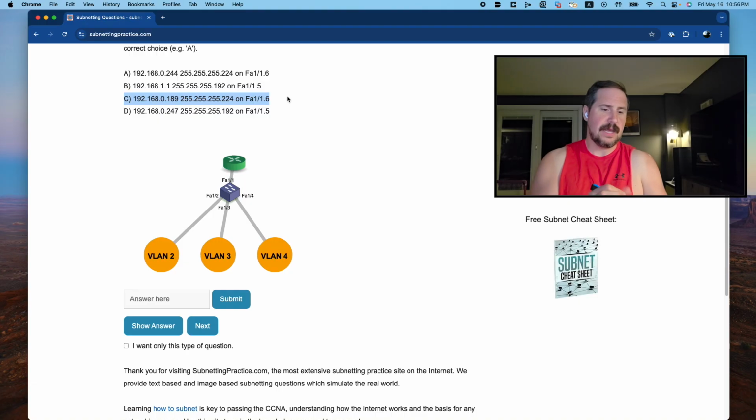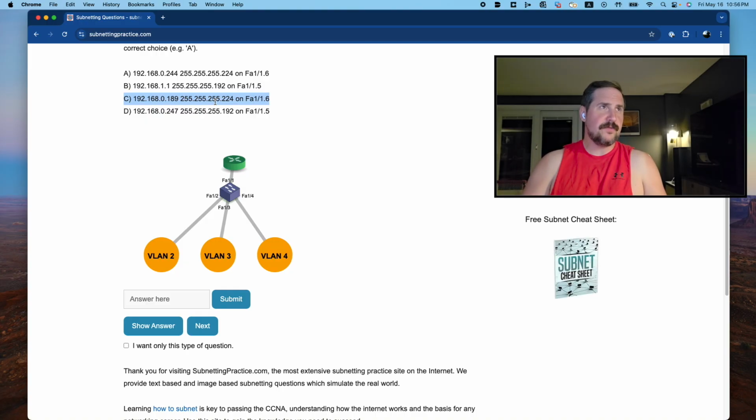Yeah, it's 32 again. And it's got an IP address of .189, which actually falls in the range of VLAN 2 already. That doesn't seem to make sense because it's not adding on to the end. And then finally, it kind of falls in between.